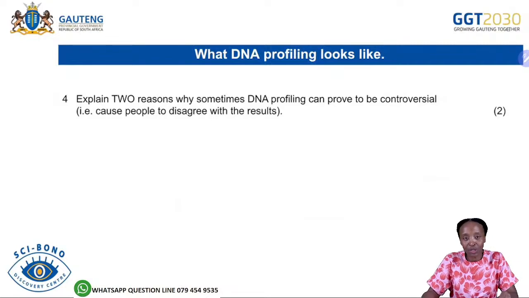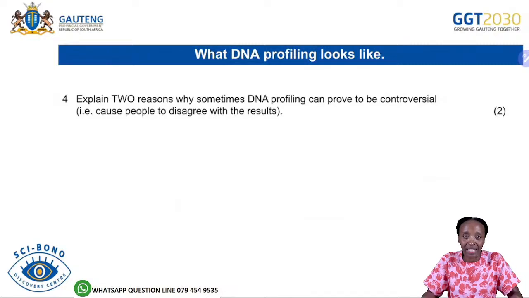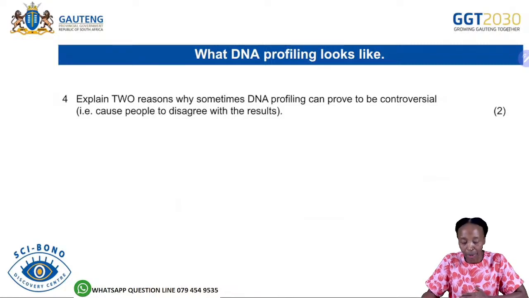You find that it does not actually belong to that person, who was not even at the crime scene, but a sample of their blood or saliva or anything was planted there. And then if it proves that it is that person, then people can be arrested when they actually did not do anything. That is one of the reasons why it proves to be controversial, because samples can be planted and it might put people in jail when they were not even supposed to go there.